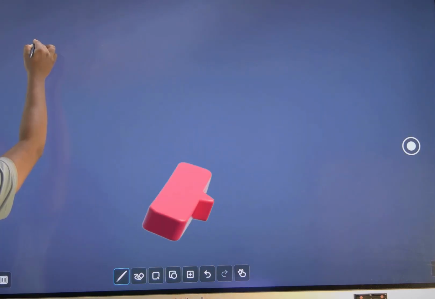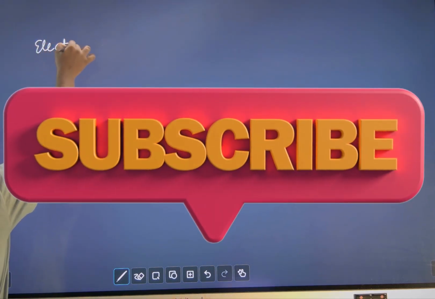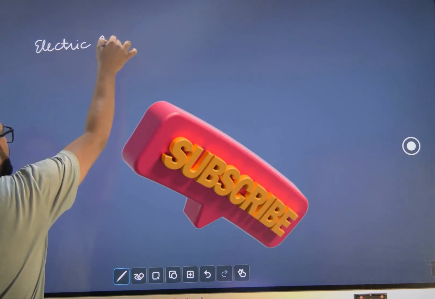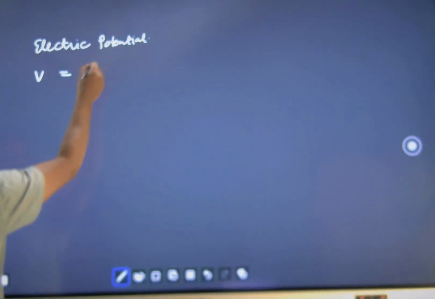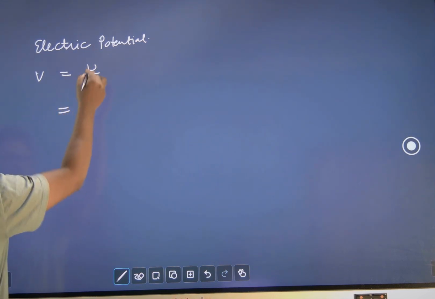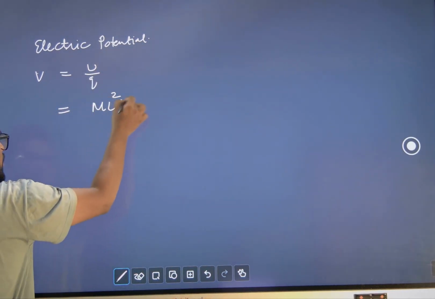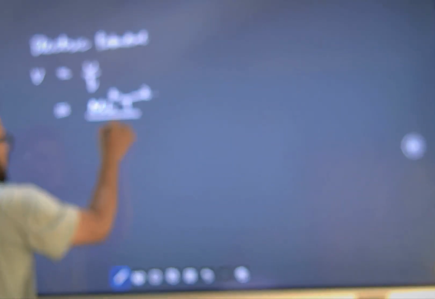Okay. Let's see the next one, electric potential. So potential is given as potential energy per unit charge, again energy. So ML^2T^-2 per unit charge AT. So ML^2T^-3A^-1. This is electric potential.